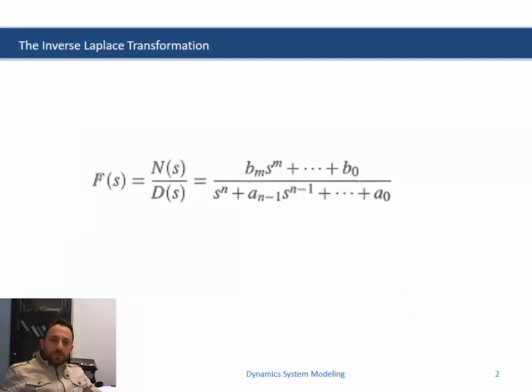So let's assume that we obtained x of s, the Laplace function. As you can see, it is a rational function. You need this rational function to be strictly a proper rational function. I mean that the m must be less than n in order to deploy the method of partial fraction.